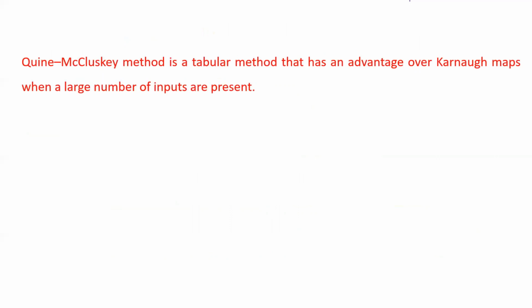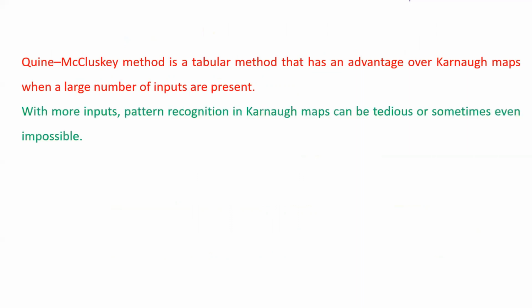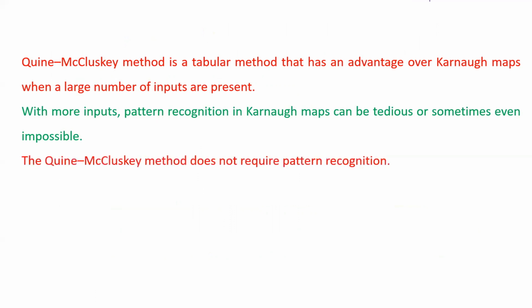It is a tabular method that has an advantage over the K-map when a large number of inputs are present. With more inputs, pattern recognition in a K-map becomes tedious or sometimes even impossible, so we look to the Quine-McCluskey method, which does not require pattern recognition.